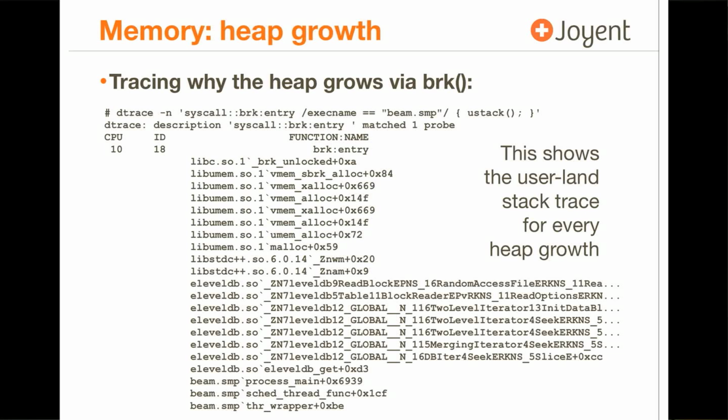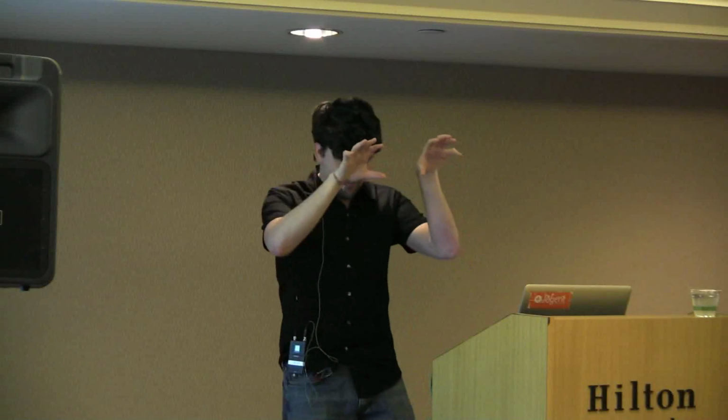This is great because at the top of it, I have libumem, and I can see the internals of the libumem allocator, and then down I can see into the application. So we've got eleveldb running, you can see the C++ mangled symbols, and then beam.smp for the Erlang VM. So libumem will explain why the allocator is deciding to extend the break, and then beneath that you'll see why the application is requesting memory.